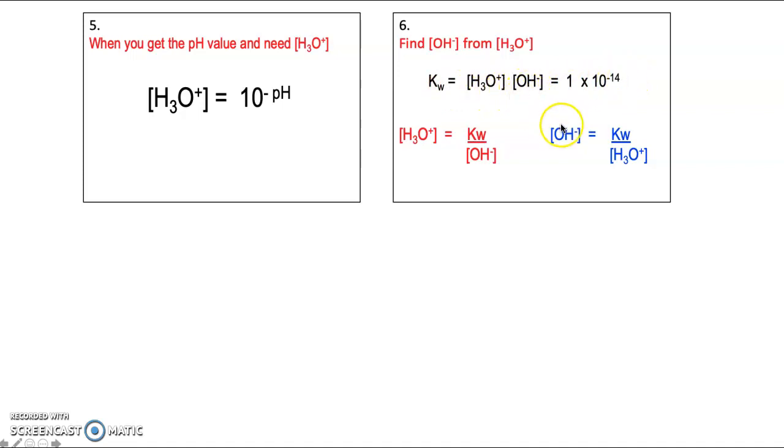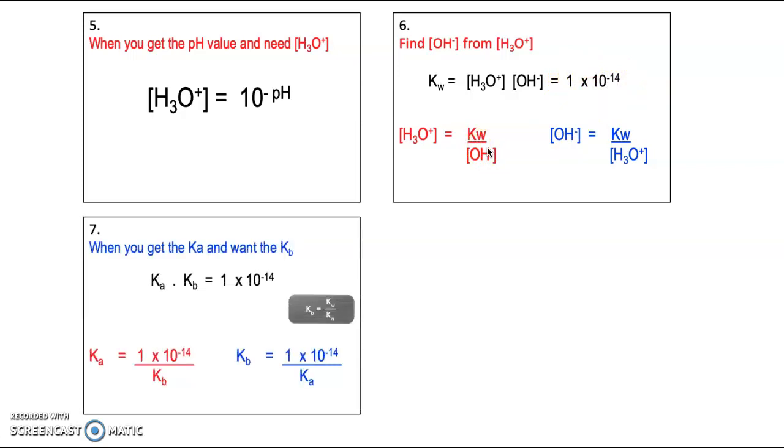If you rearrange it, the hydroxide concentration can be calculated using 1 times 10 to the minus 14 divided by your hydroniums. There may be times where you want the hydroniums, and to find those, again, you use your 1 times 10 to the minus 14 and divide it by the hydroxides.